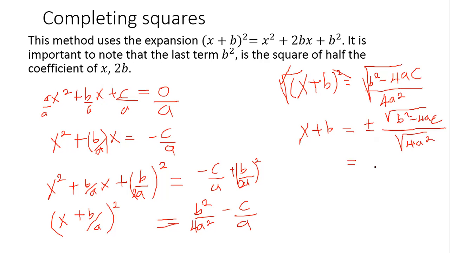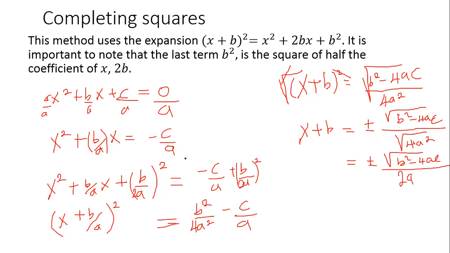So this will be the same as plus or minus root of b squared minus 4ac divided by root, what is root of 4? Root 4? 2. Root of a squared, a. Okay, so it gives us 2a.